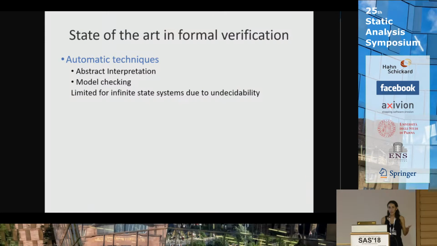And if we look at the approaches that are used in formal verification, we can roughly divide them to automatic approaches, like abstract interpretation and model checking. And when we apply these approaches to infinite state systems, then we know that because of undecidability, they are ultimately limited, which means that, for example, sometimes we may use abstraction, but then we may get false alarms.